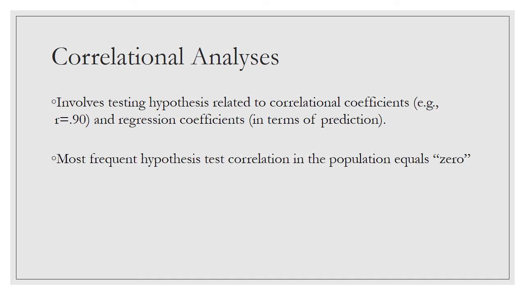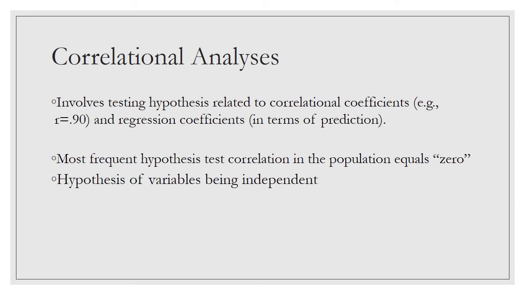So this is, most frequently, what we do in correlational analysis: we test whether the population correlation is equal to 0. So we have a correlation, let's say 0.9, 0.7. We have some correlation, and we want to see in the population, our null hypothesis would say there's no difference here, that the correlation of these two things is equal to 0 in the population.